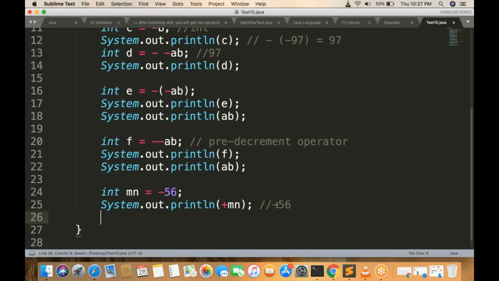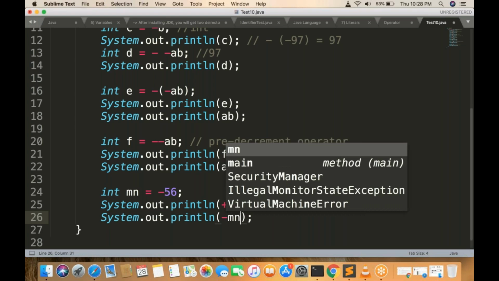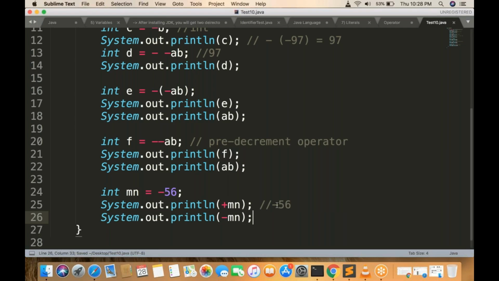Now, suppose I write minus mn. Now tell me what is the output. Tell me, what is the value of minus mn?